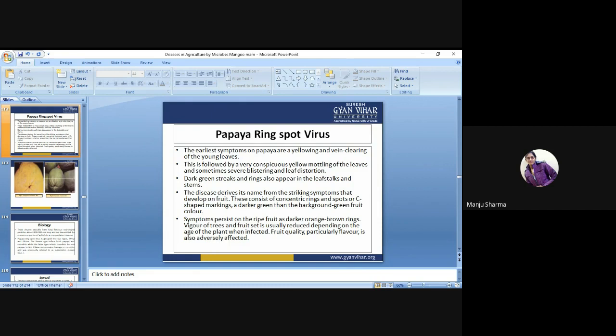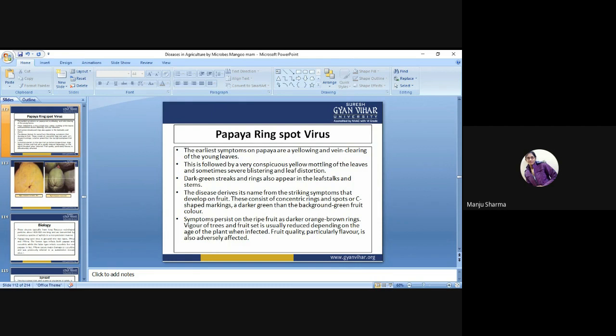The symptoms develop on fruit. These consist of concentric rings and spots or C-shaped markings, a darker green than the background green fruit color. The symptoms persist on the ripe fruit as darker orange-brown rings.